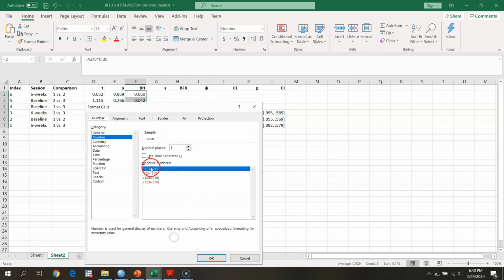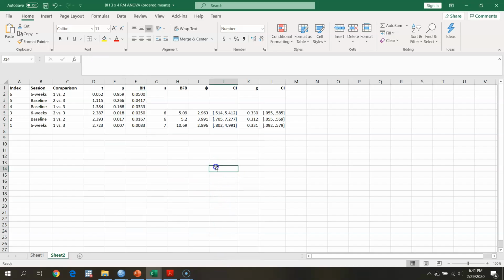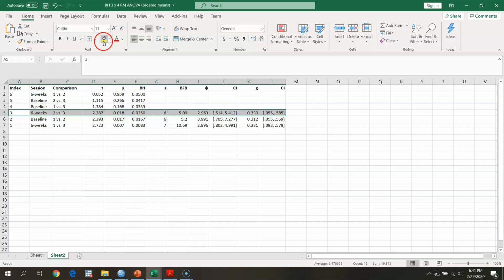Now it looks like we've got a tie here. Let's go through and take a look. It looks like we've got one test at the endpoint that is less than our criterion variable.